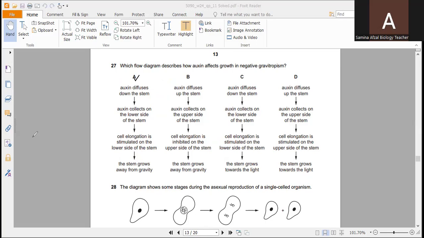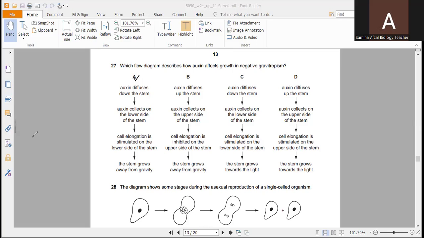Whereas the roots show positive geotropism, because they move towards gravity, the stem shows negative geotropism. In this regard, they have given us four different options, and according to them we have to find the correct option.